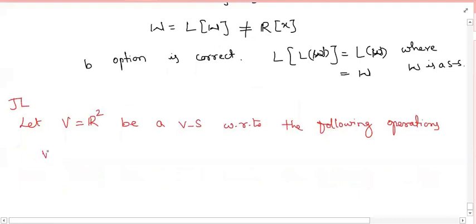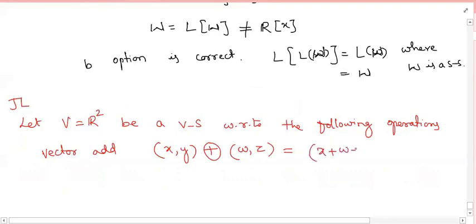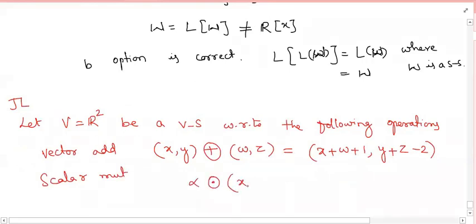Vector addition: (x, y) plus (w, z) equals (x plus w plus 1, y plus z minus 2). Scalar multiplication: alpha circle dot (x, y) equals (alpha x plus alpha minus 1, alpha y minus 2 alpha plus 2).